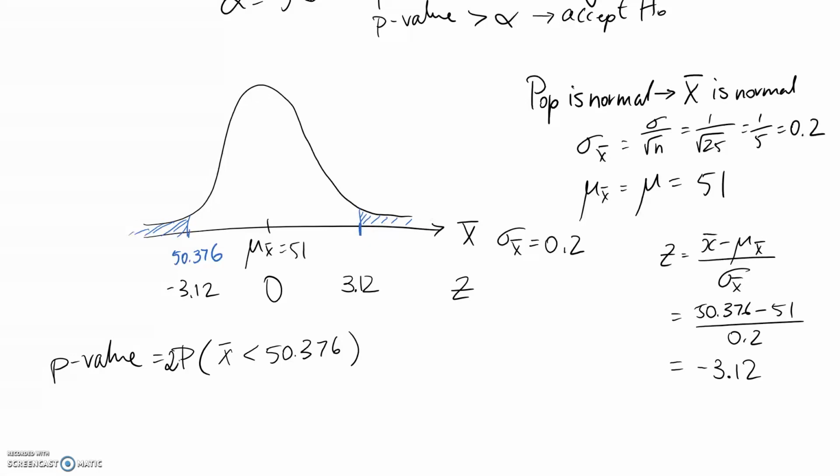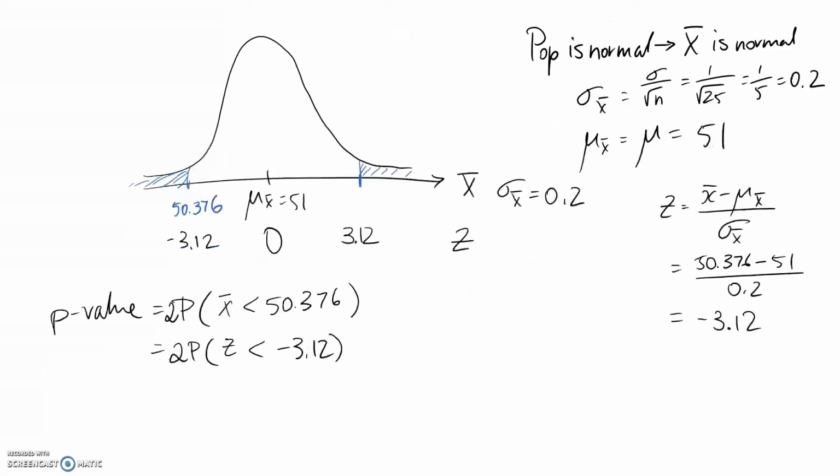So I can just write this as 2 times that probability. Now we want to swap this over to the Z version because that's what we can look up in tables. So we can say this is going to be equal to 2 times the probability that Z is less than negative 3.12.